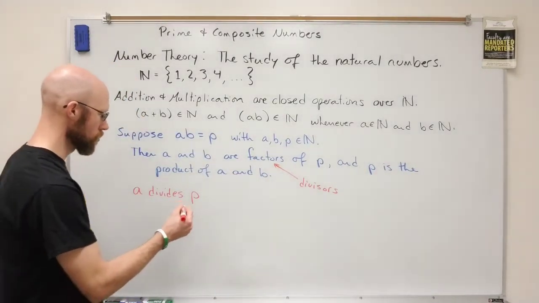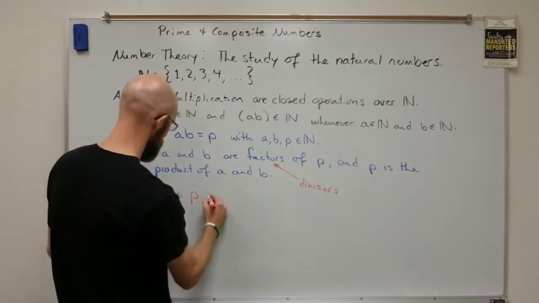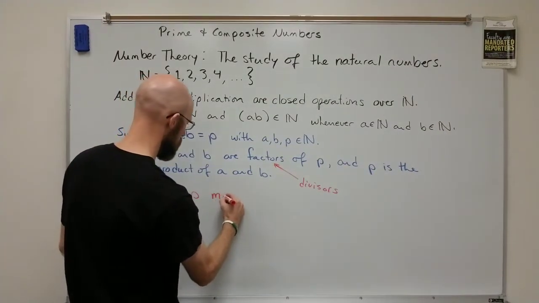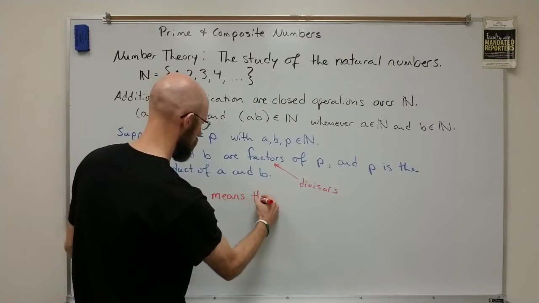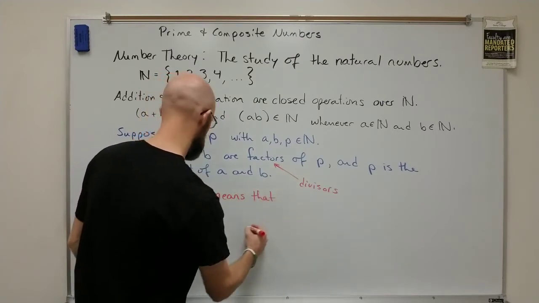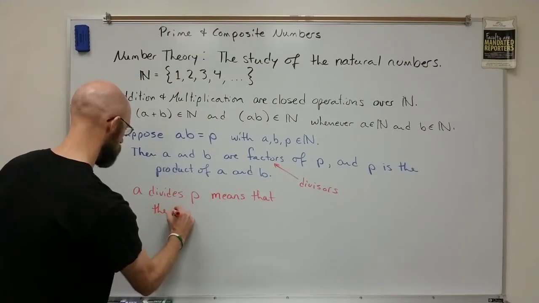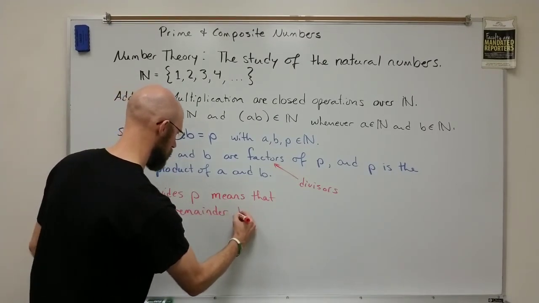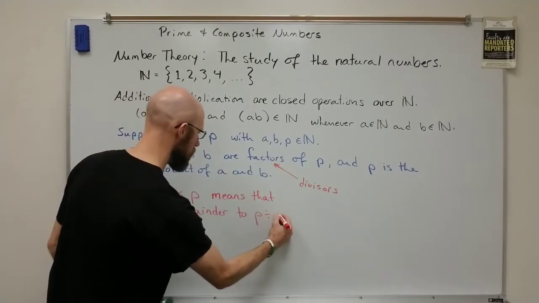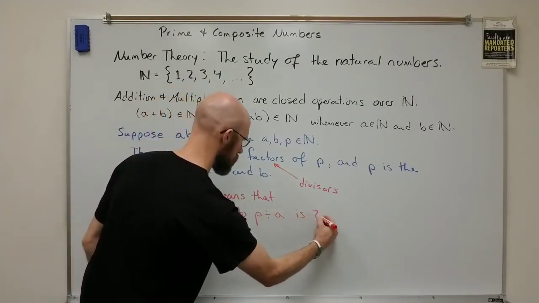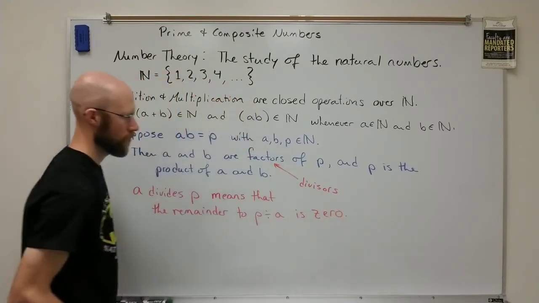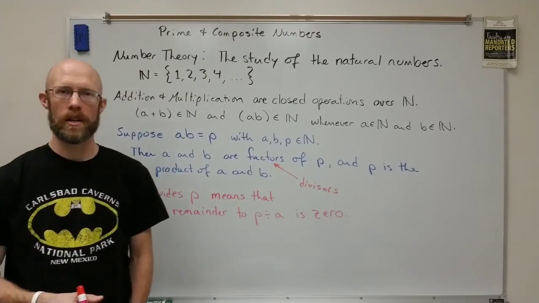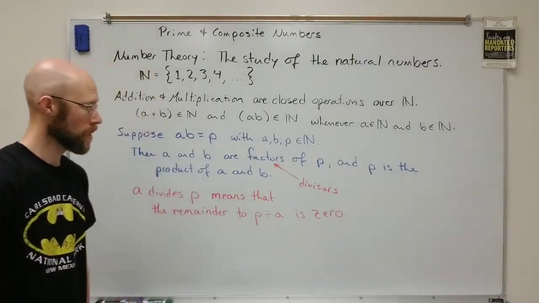So A divides P means that the remainder of P divided by A is 0. So you have a 0 remainder when you do the division.